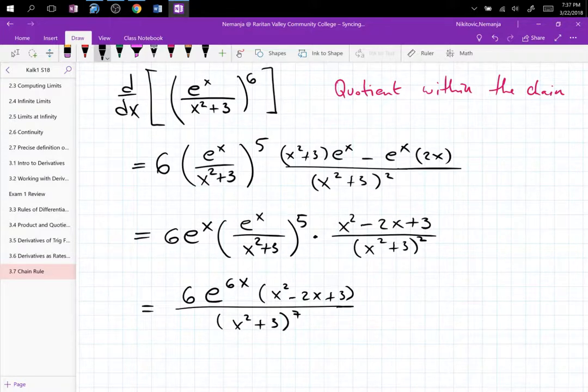E to the 6x is not going to give you a solution. The denominator gets cross multiplied into 0, so it goes away. The only thing that gives you a solution is that quadratic polynomial, which factors into x minus 3, x plus 1. So solutions are 3 and negative 1 just by looking at this.